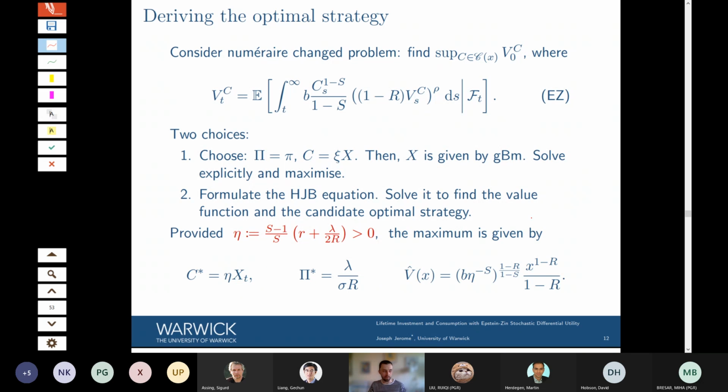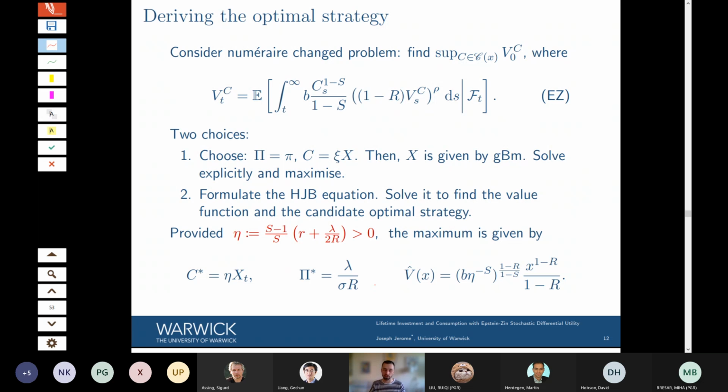Given that this coefficient is positive, the maximum is given by: we invest a constant proportion into our risky asset, and actually this is the same constant proportion that we had for discounted expected utility. So introducing the notion of the elasticity of intertemporal complementarity doesn't actually come into how we choose to invest in the risky asset.